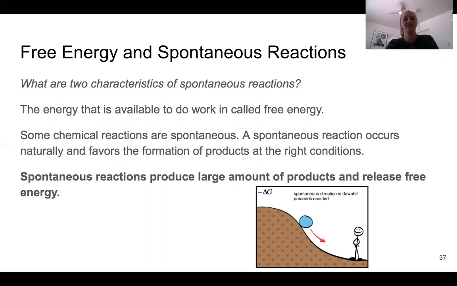A spontaneous reaction occurs naturally and favors the formation of products at the right conditions. So it produces a lot of products, and it releases a lot of free energy.